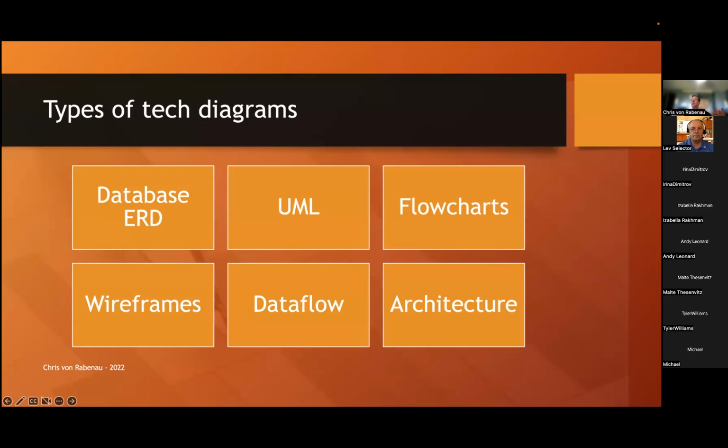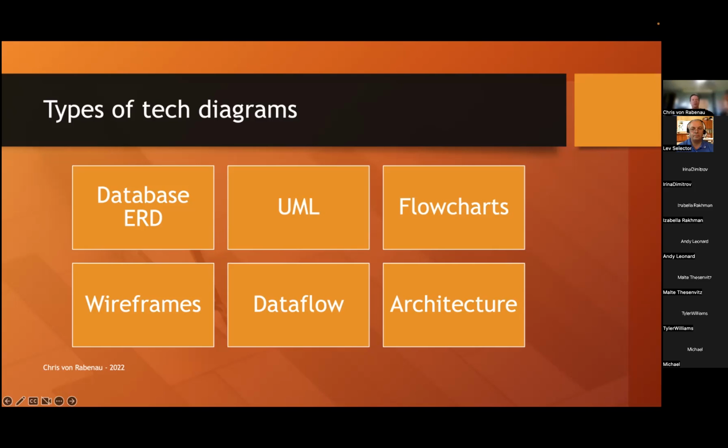Then there are various different types of diagrams. Examples are our database ERD, and a UML showing the classes and the entities within the classes and how they interact with each other. There are flow charts, here's a flow chart of processes. There's creating wireframes of applications. So here's my web page, and I'm going to create a diagram that shows the wireframes of the website, right?